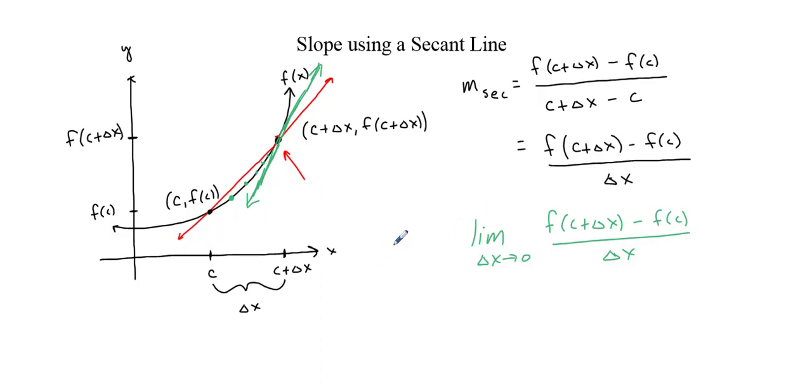So this would be the slope of a tangent line. This is the slope of the tangent line because we're finding the slope given only one point.